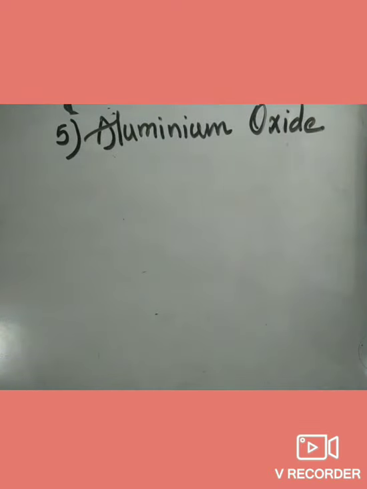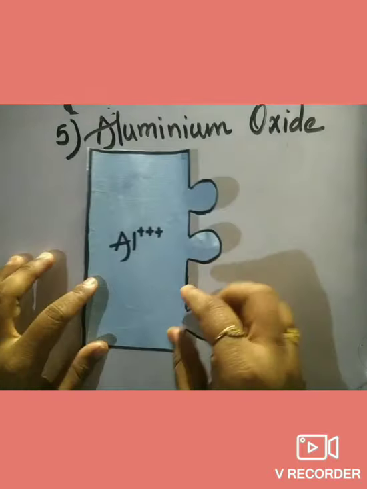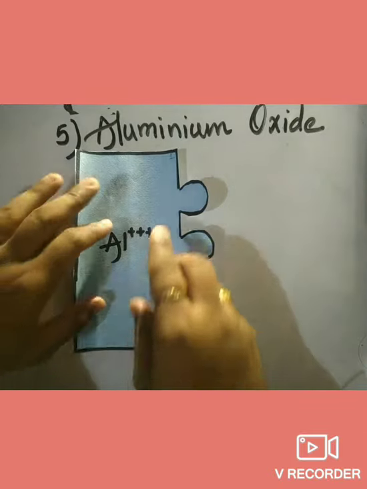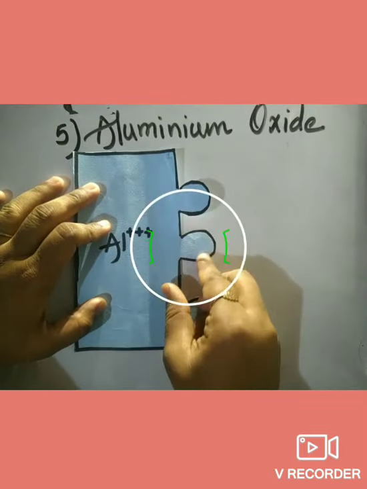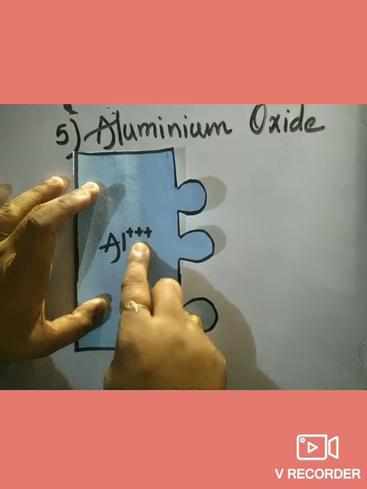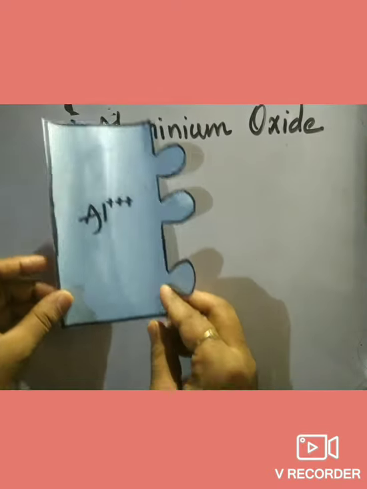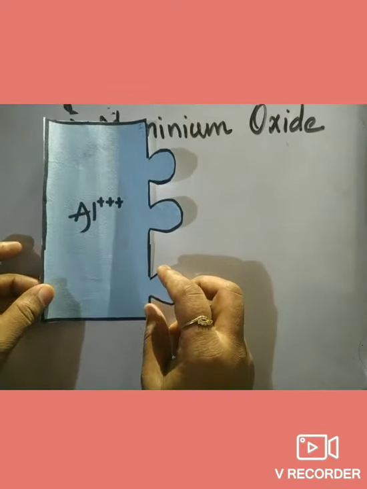Let's see how aluminium oxide will form and what would be its molecular formula. First we'll start with aluminium. This is our aluminium. It is having 3 extra parts, 1, 2, 3, because it is having 3 positive charge. Okay, so I used aluminium.